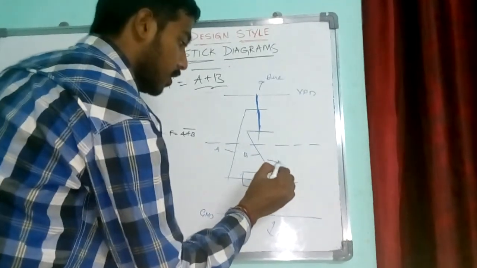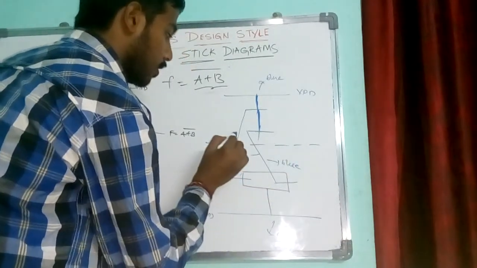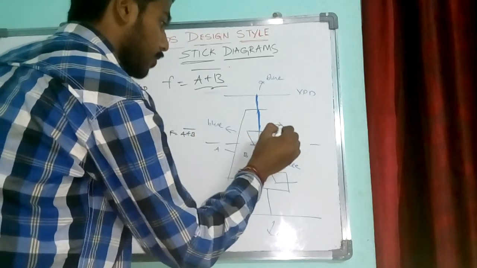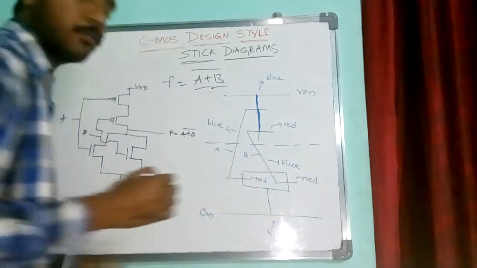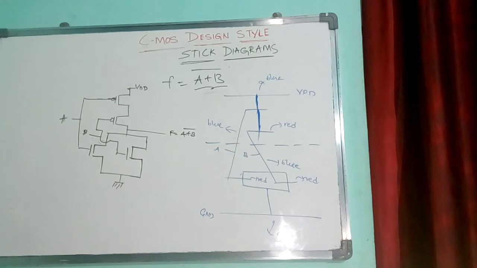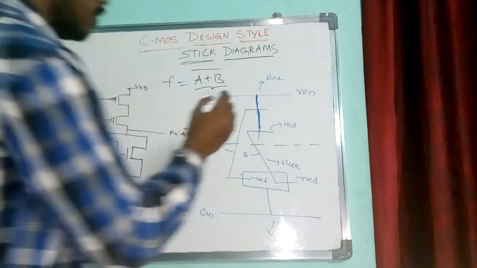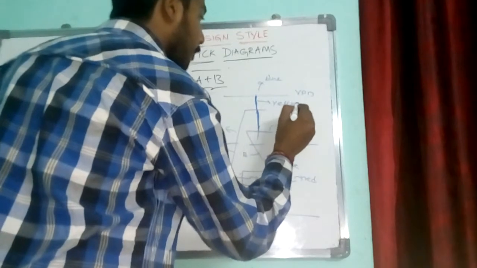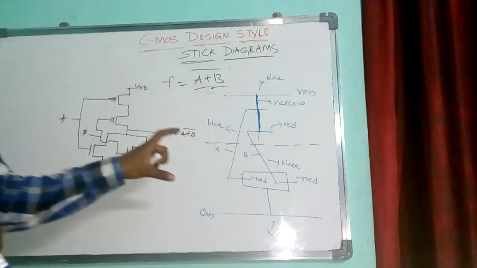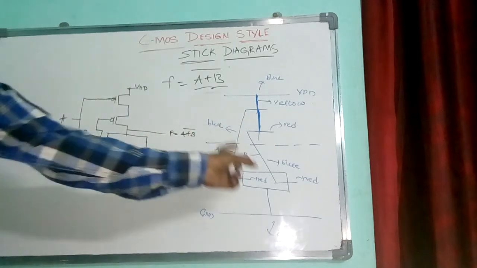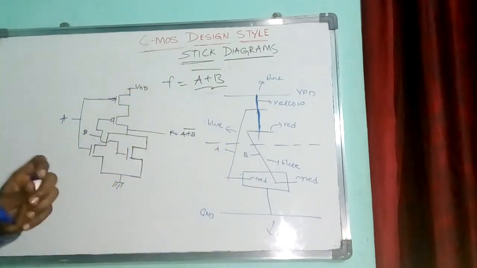These are to be represented using blue color, and these are red color, the gate polysilicon. This one is yellow color, and the next also the same. A and B both are connected as shown in the transistor diagram. This is called the stick diagram of the NOR gate.